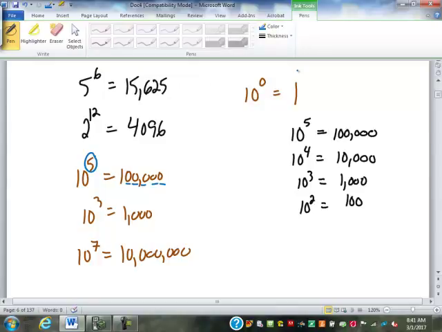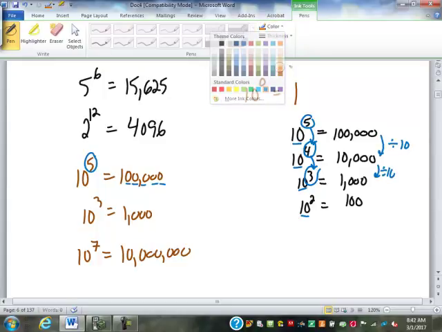Now let's take a look here. When we have an exponent with a base of 10, that's the base, when the power is reduced by 1, so it goes from 5 down to 4, what happens to the result? Divide by 10, yeah. Loses a 0 or divided by 10. Goes from 4 down to 3, you divide it by 10. So that fits, right?